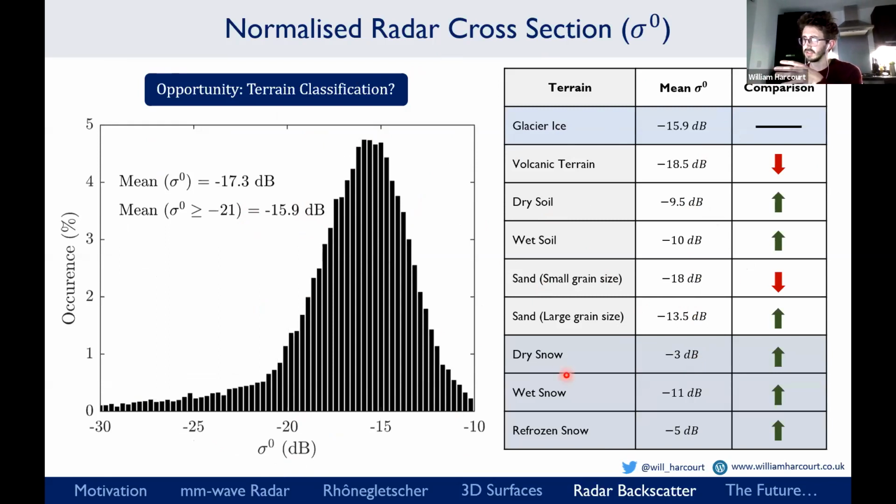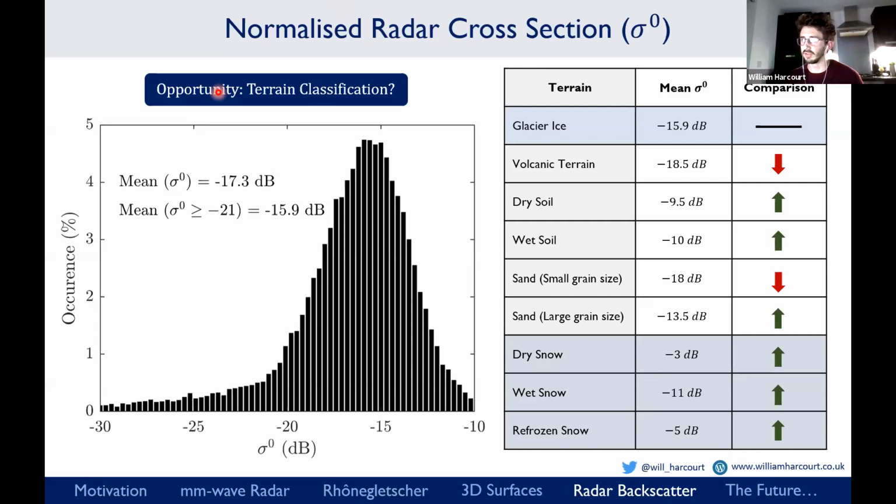But the biggest difference is between glacier ice and snow. Snow, dry, wet, and refrozen, is all much brighter than ice. And this suggests to us that there is an opportunity here for terrain classification, which is going to be really useful moving forward to develop this sensor for glacier mapping purposes.